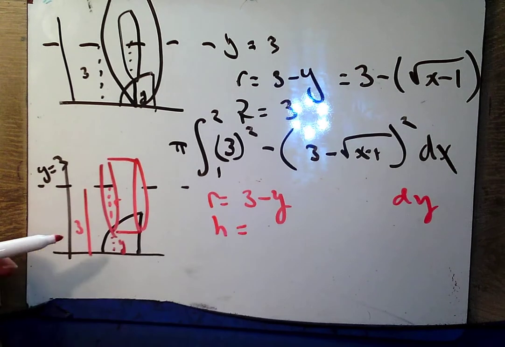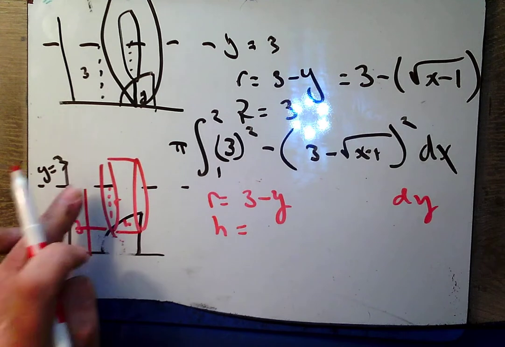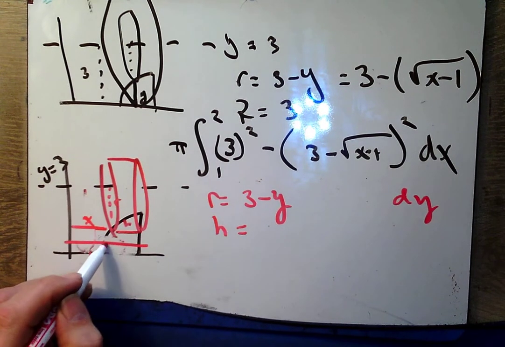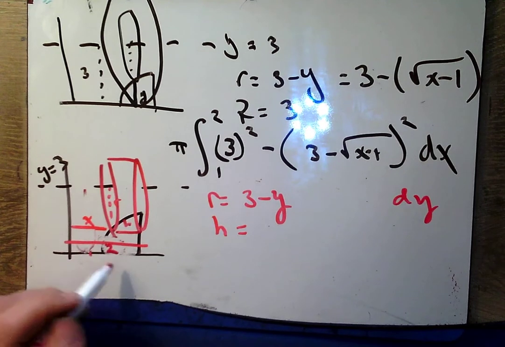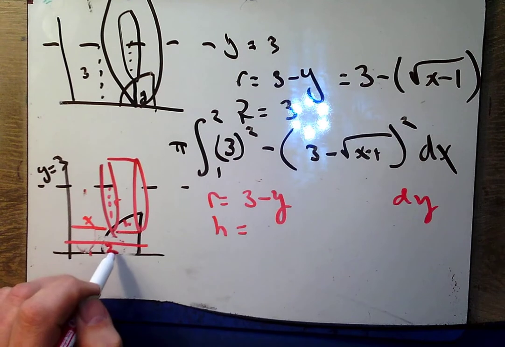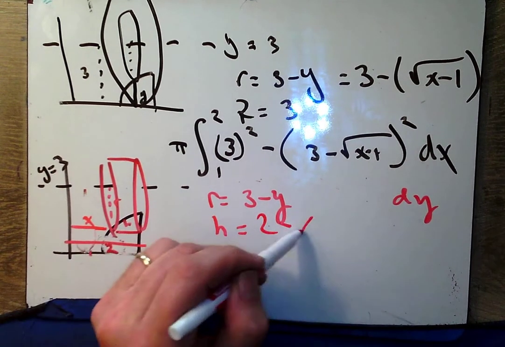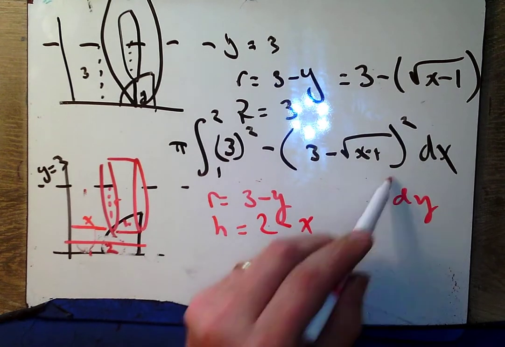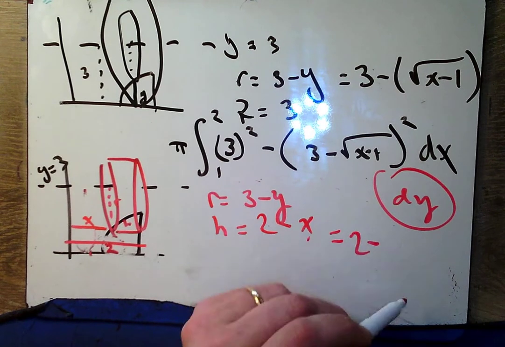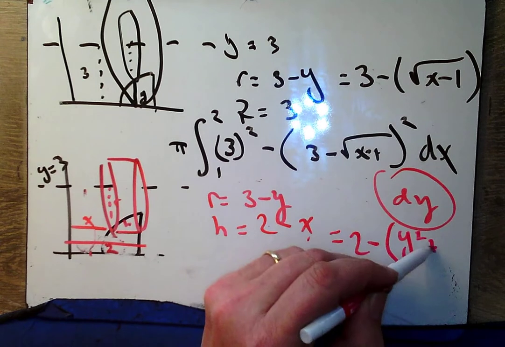Well, the height's a little trickier. Here's the height. Now we know that this is x, and this is 2. Oh, I might have missed that on the previous problem. I might have said 1 then, so if I did, I'm sorry. So 2 minus x. Great, but we want to do y, so we're going to have to get rid of this x and do 2 minus y squared plus 1.